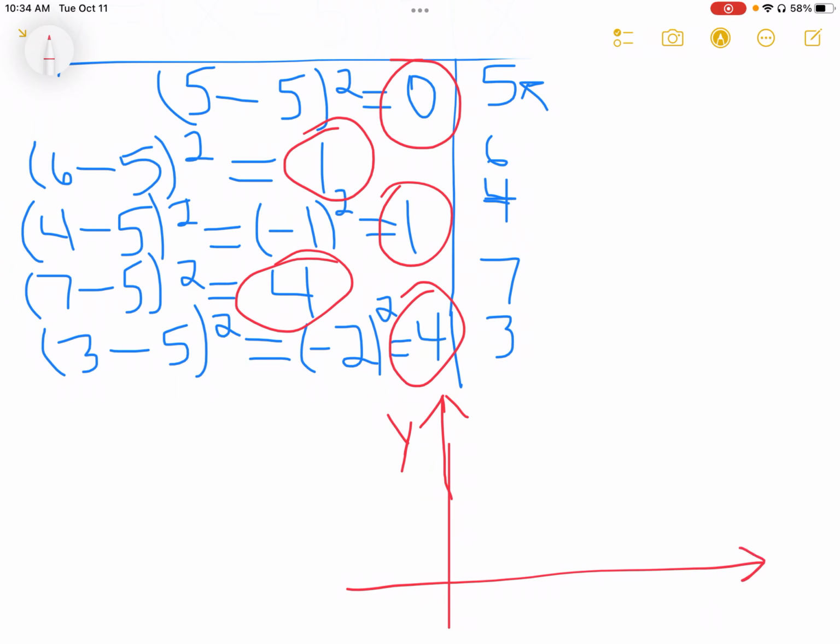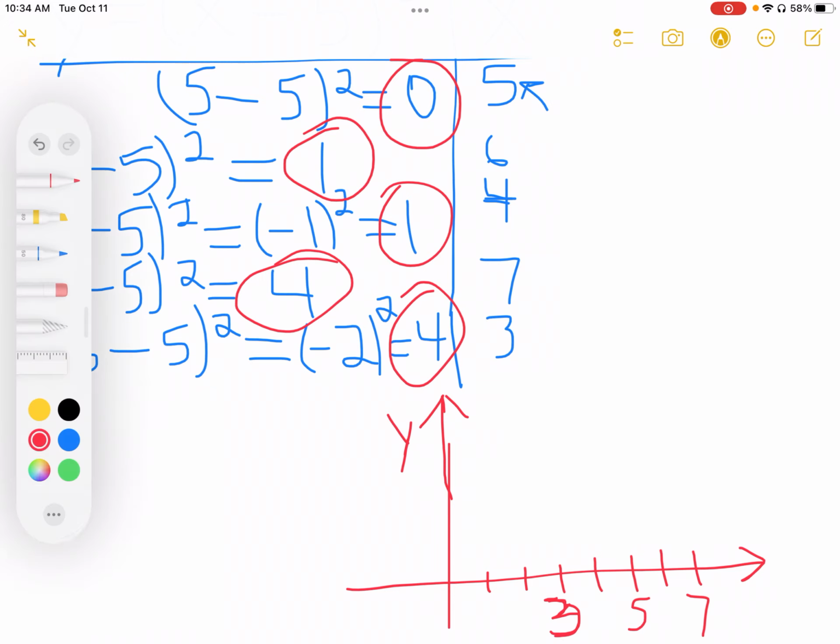So I plotted x equals 5. So 1, 2, 3, 4, 5, 6, 7. So this is 5 here. This is 3 here. And this is 7 over here. And this 3 doesn't look very 3-like, but imagine that's 3.